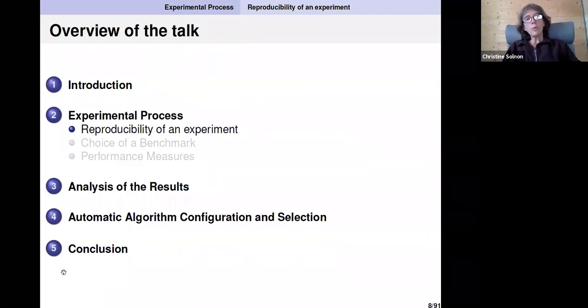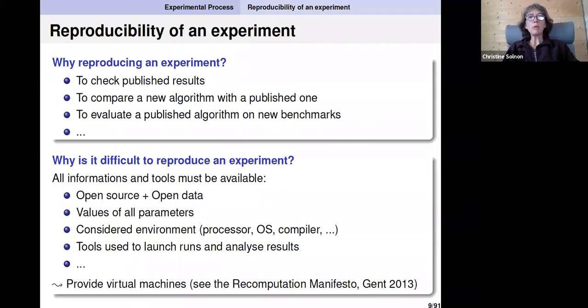So a few words about reproducibility. Why do we want to reproduce an experiment? Maybe this is simply to check some published results, but usually it is because we want to compare a new algorithm with an algorithm which has already been published.